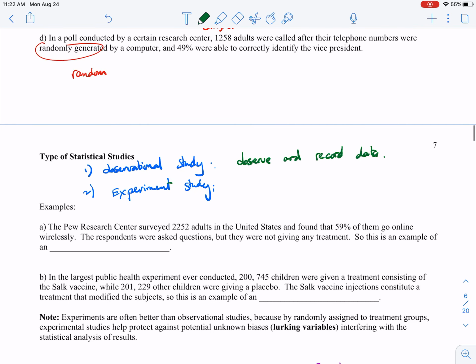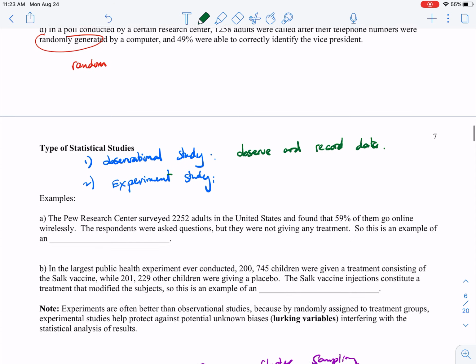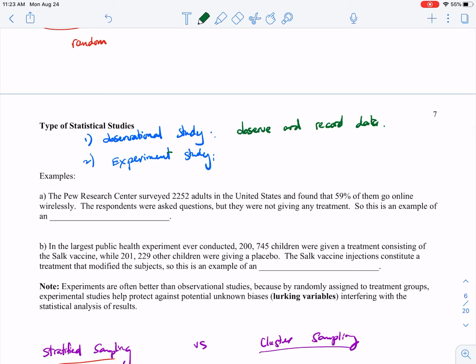An experiment study is when we actually modify the subject or give them treatment to figure out whether a certain desired result is happening or not. So we apply some treatment, then proceed to observe the effects.